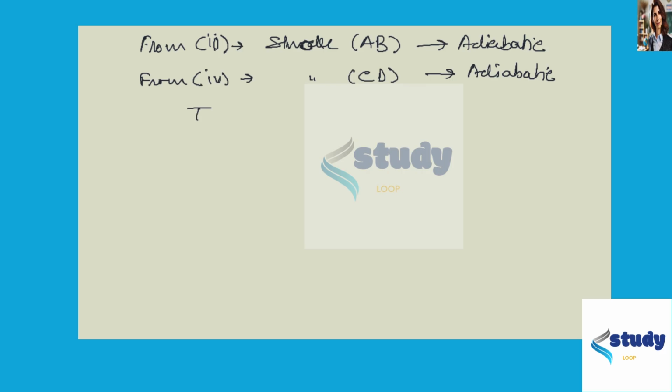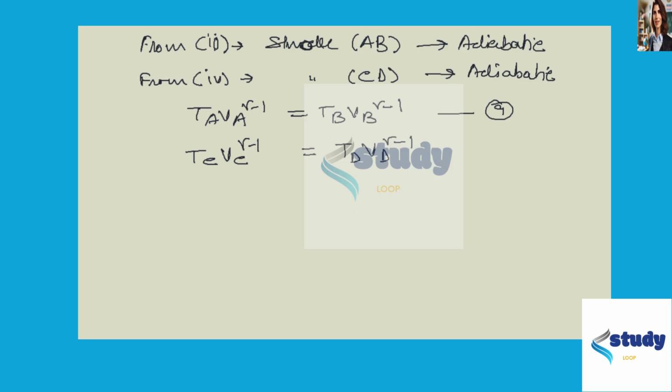So here we can compare as TA VA^(rho minus 1) is equal to TB VB^(rho minus 1), so this is equation 9. TC VC^(rho minus 1) is equal to TD VD^(rho minus 1), so this is equation 10.